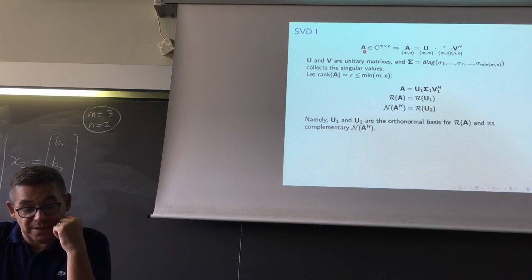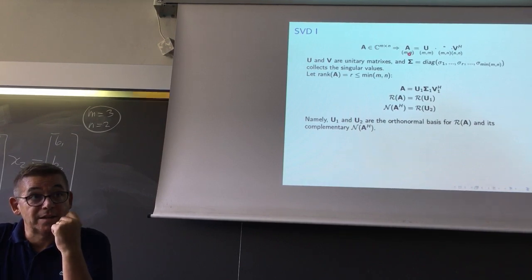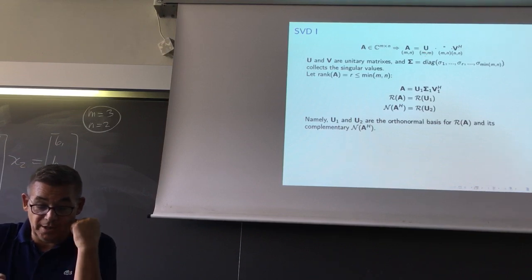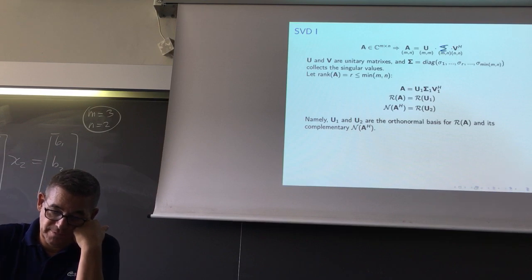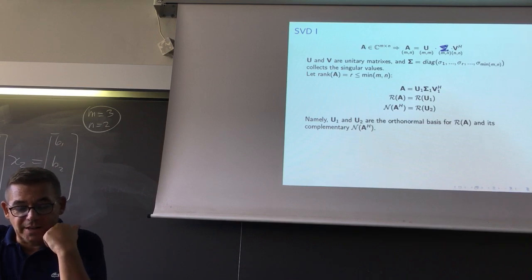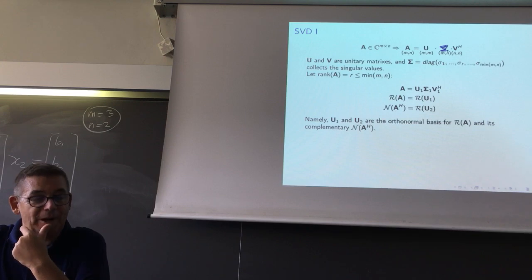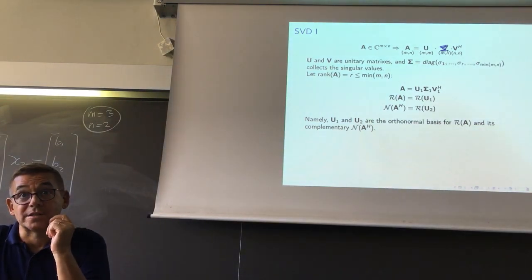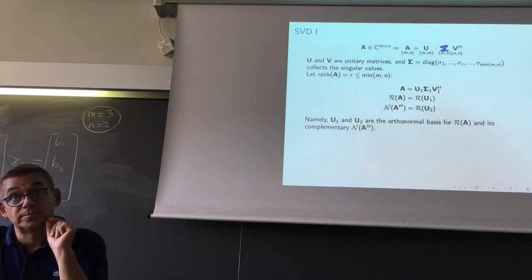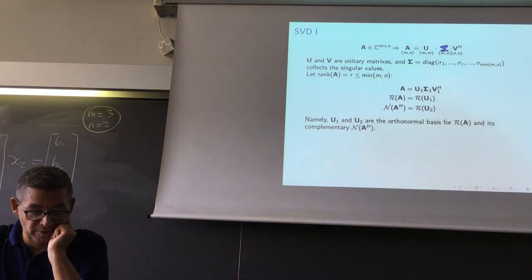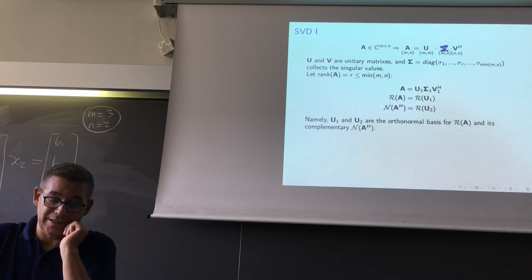There exists a decomposition such that I can take this matrix A and decompose it into a square matrix U, a diagonal matrix sigma, and another square matrix V. The matrices U and V are unitary matrices and are orthonormal, by the definition of orthonormality that we gave today.